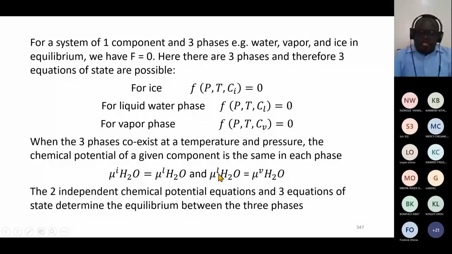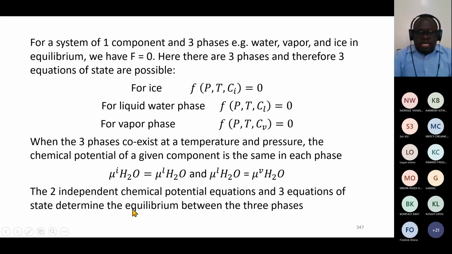And the chemical potential in the liquid phase equals to the chemical potential in the vapor phase. So we have these 2 independent chemical potential equations. And we also have 3 equations of state that we have indicated above.